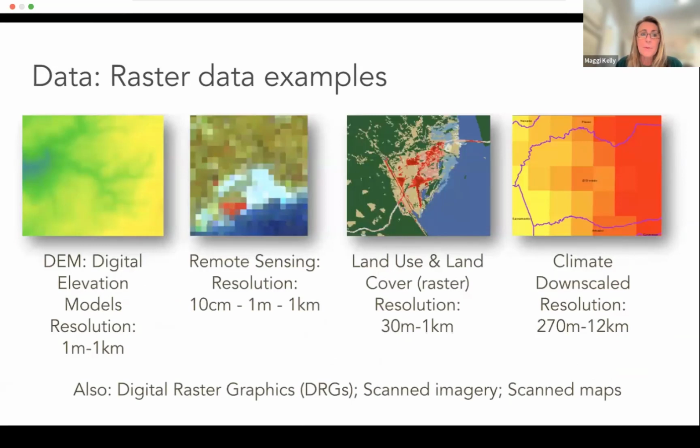Raster data examples: elevation or digital elevation models, remotely sensed data, so imagery from satellites or drones, land use data classified from remote sensing, giving you land cover values. And then increasingly, we're using downscaled climate models.